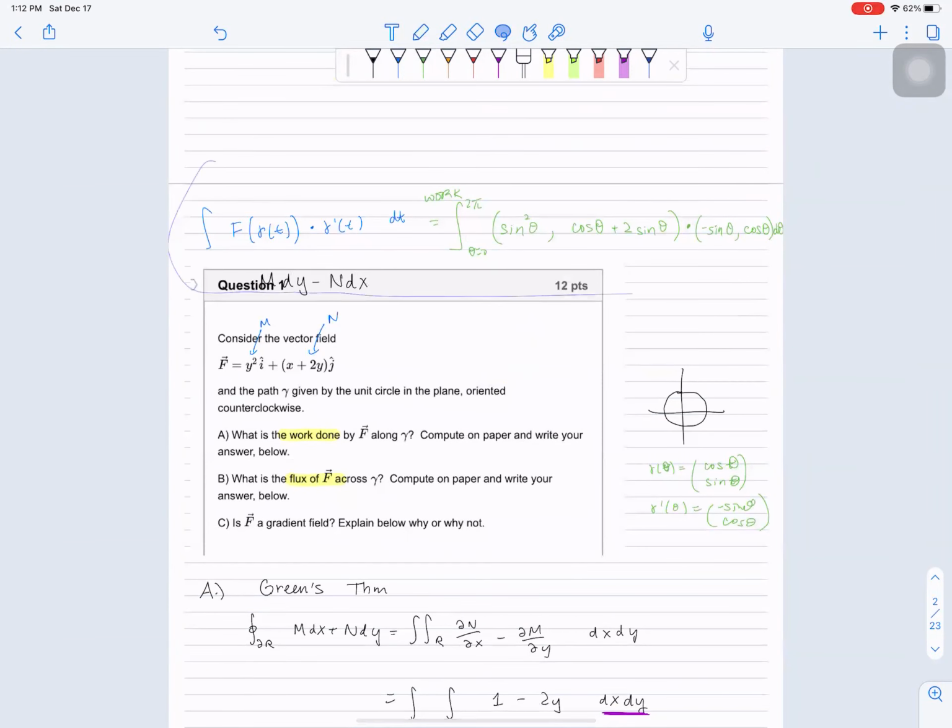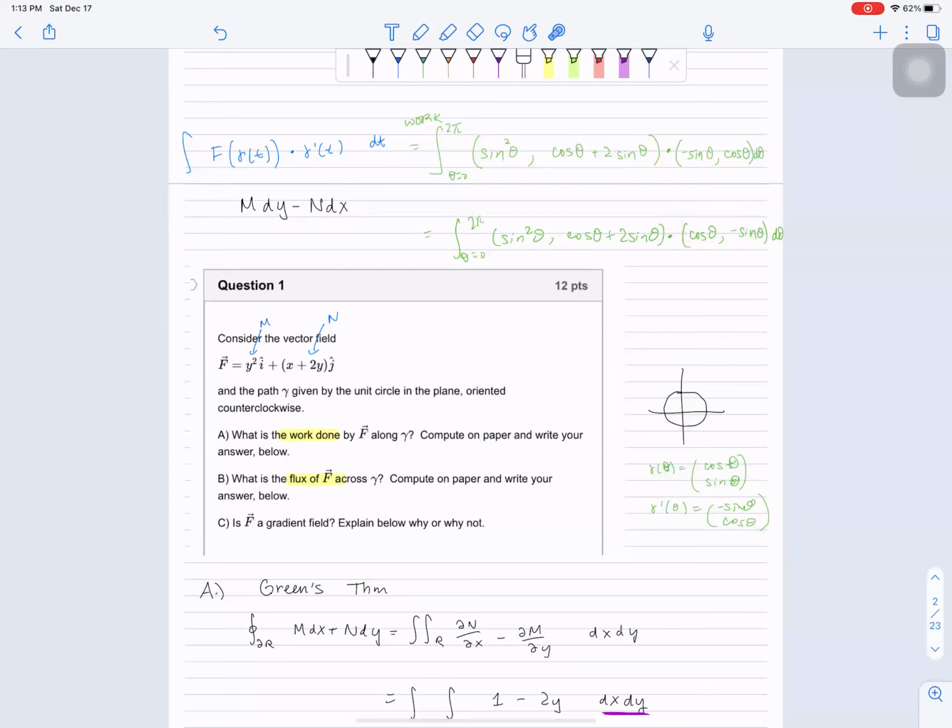So I should multiply by cosine, and then the derivative of the other component, which is negative sine d theta. I haven't actually checked this. If this doesn't exactly work, you might have to multiply by another negative.